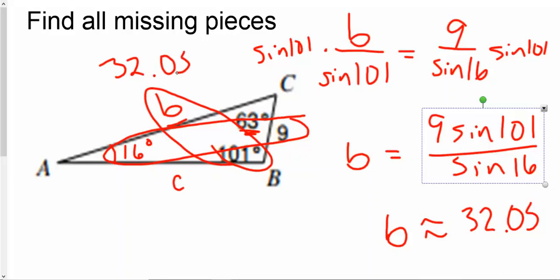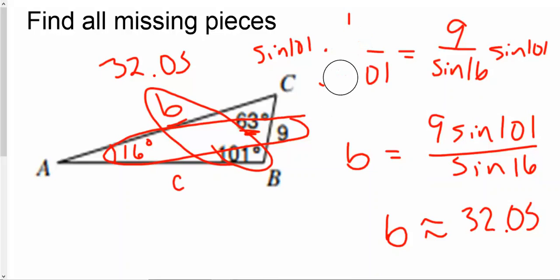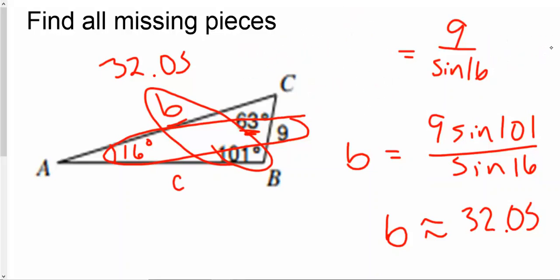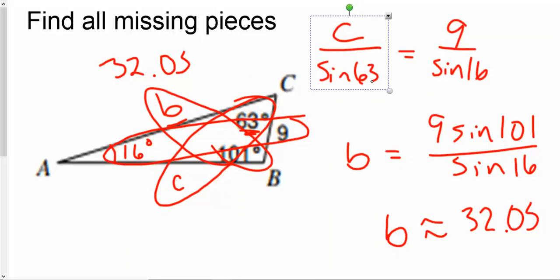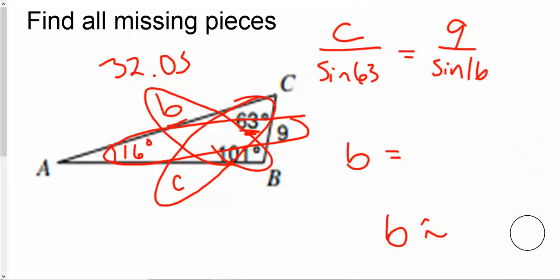We need to find c, which means we're really just going to do this one more time. And now instead of that 101, I'm going to use the 63 in c. So I'm going to do c on top, sine of 63 on the bottom. And then the only thing I have to do here is, again, multiply over that sine.